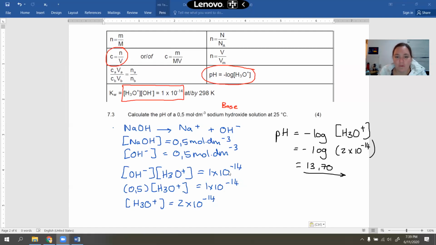Please, just so you're aware of where your marks are, and if we're particularly lenient with this being 4 marks, sometimes we merge those two equations for 1 mark. Sometimes we give them a mark each. Usually there will be a mark for this substitution, and there will be a mark for this substitution, and then there'll be a mark for the final answer.